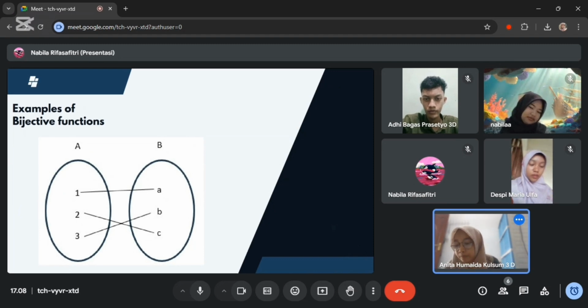No element is left out or has more than one pair, and it is a combination of injective and surjective function.